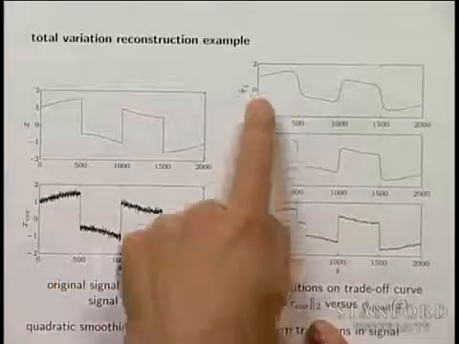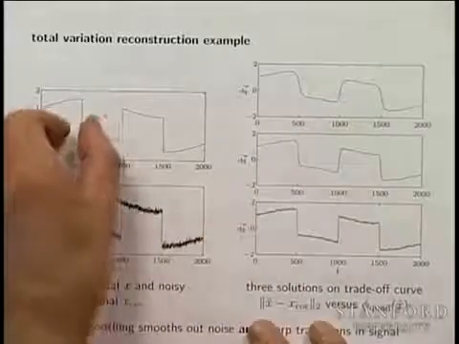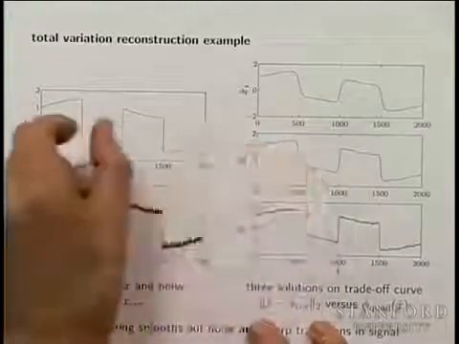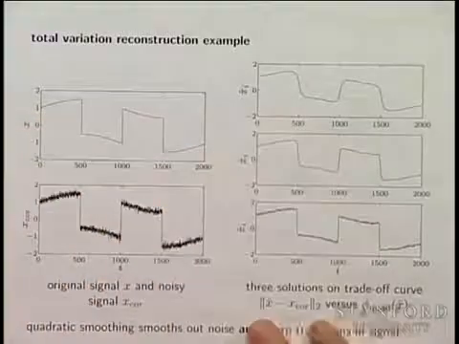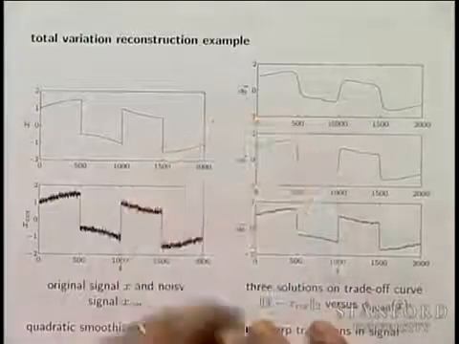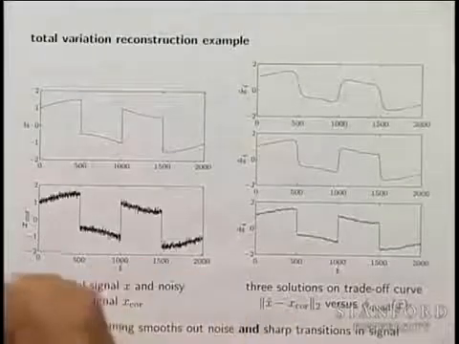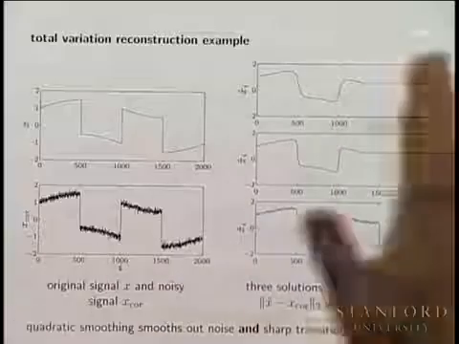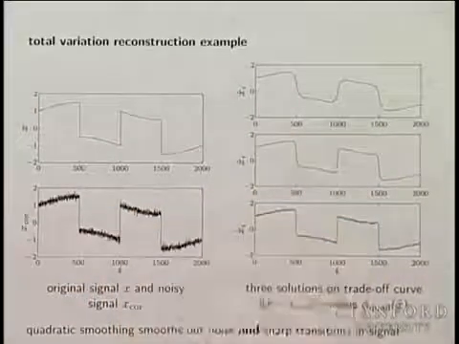If you want to get rid of all the wiggles, you're going to smooth out this sharp transition. Something that was basically a one-sample transition is going to turn into something like 50 samples. Why? Because of that square. If x moves rapidly, you're going to get charged squared for it.